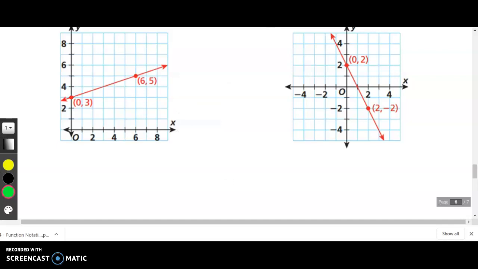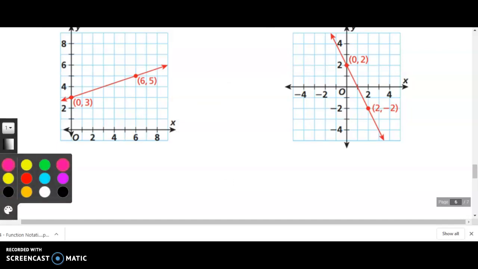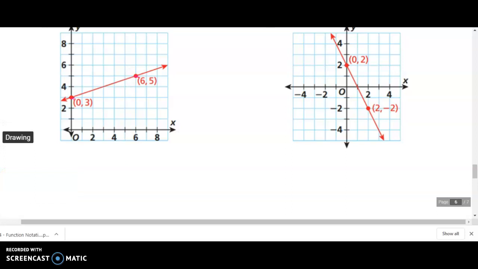So I'm going to go, for this one, from here, 0, 3 to 6, 5. So, in order to do that, I'm going to go up 2, and I'm going to go over 1, 2, 3, 4, 5, 6.